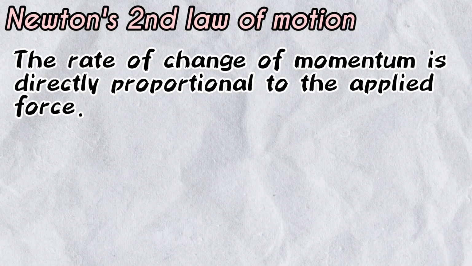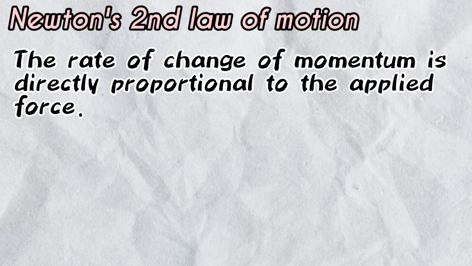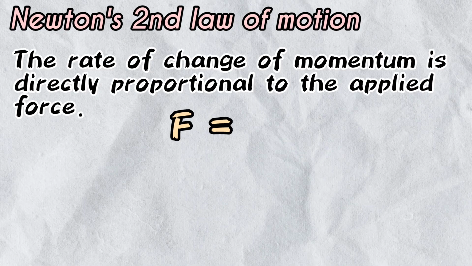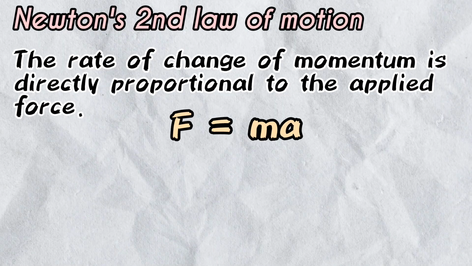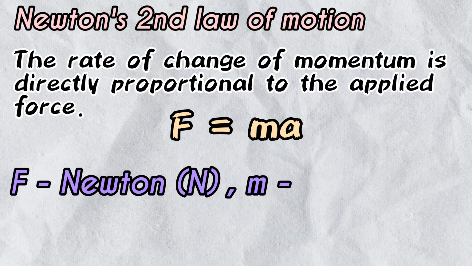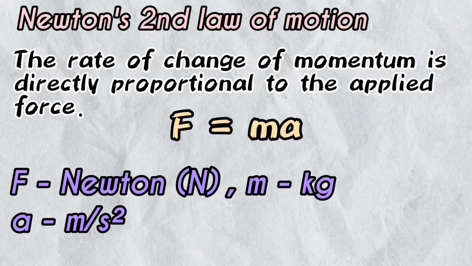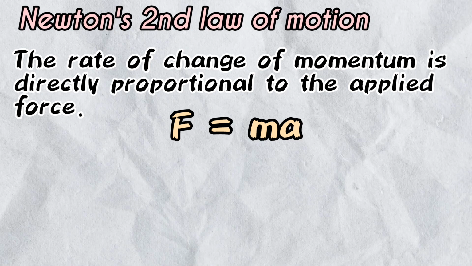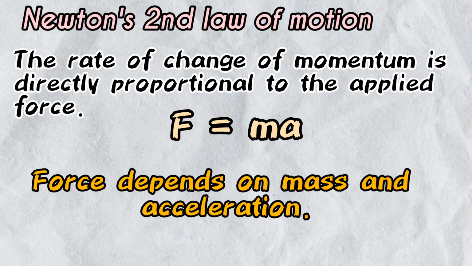For the representation of this statement, we have the formula for force, that is, force is equal to mass into acceleration. The SI unit of force is Newton, mass is kg, and acceleration is meter per second square. F is equal to ma tells us that force depends on mass and acceleration.